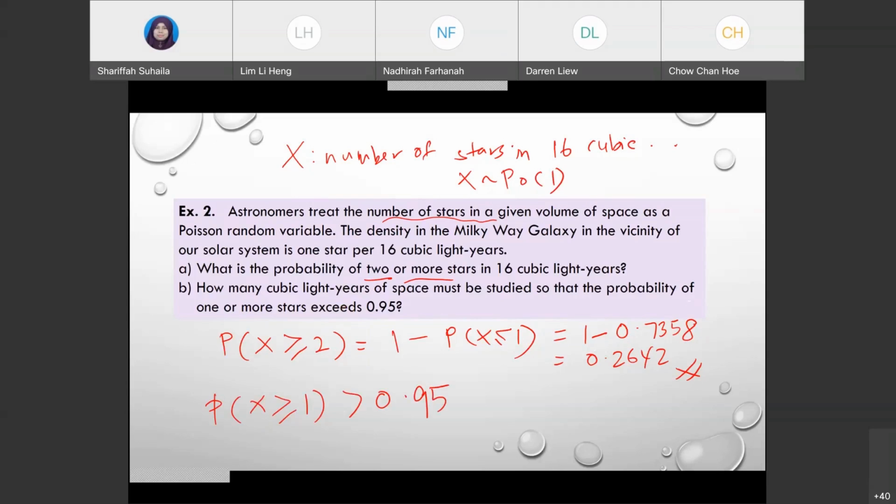Probability x greater than or equals to 1 exceed 0.95. So that means you will write 1 minus probability x equals to 0 greater than 0.95. Okay, you need to solve this one.